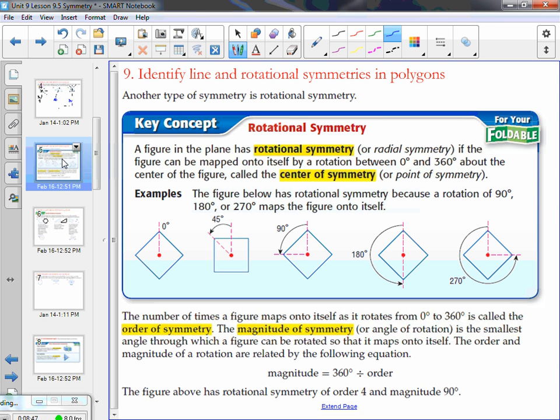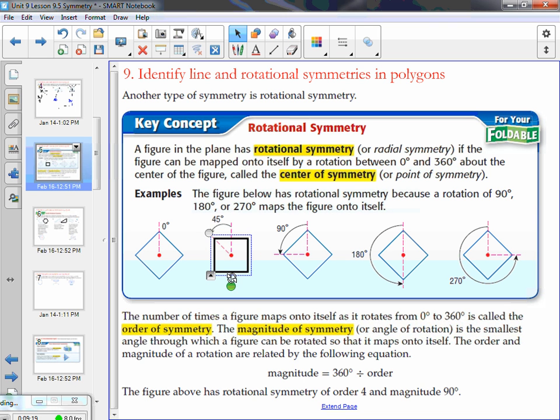So, for example, it says the figure below, which appears to be a square, has rotational symmetry because a rotation of 90 degrees or 180 degrees or 270 degrees maps the figure onto itself. Let's see how that works. If I take a square and then I rotate that 90 degrees, doesn't that look identical to what I started with?